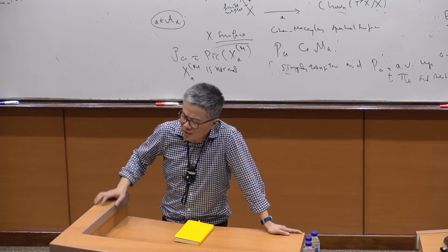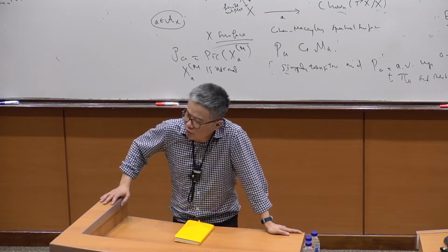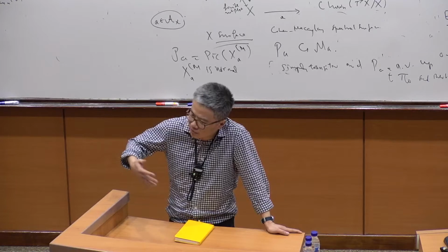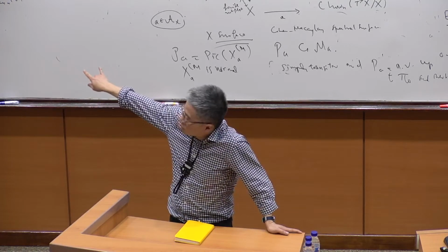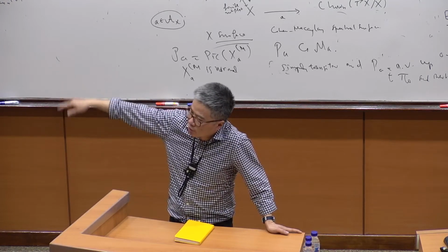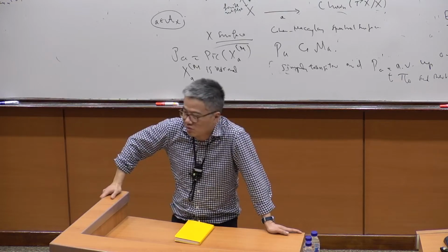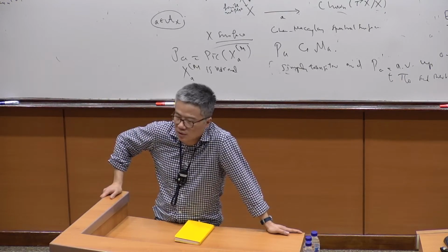But I think at least the way I do it, it's very difficult to know what it is. You have enough generators to generate the rings, but what the equations are is difficult to know.